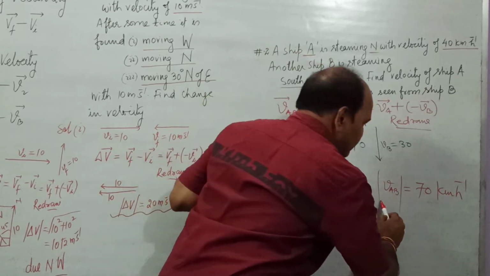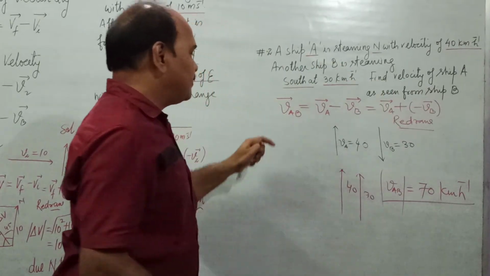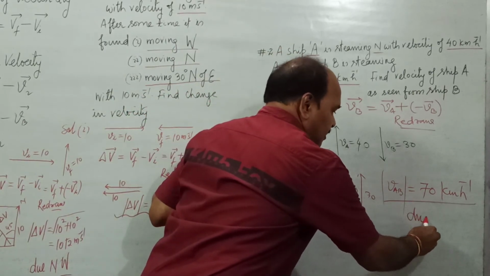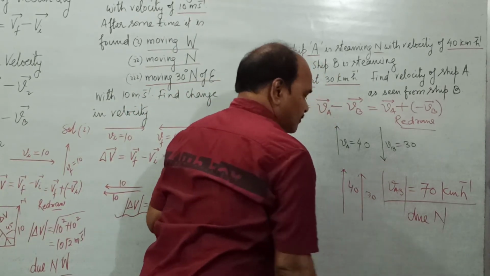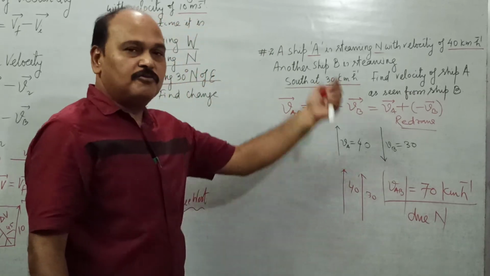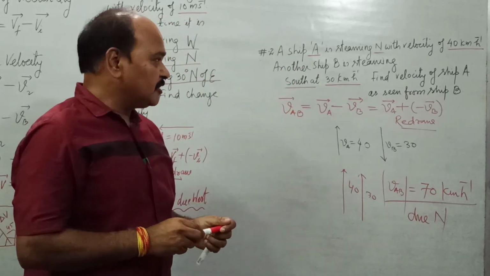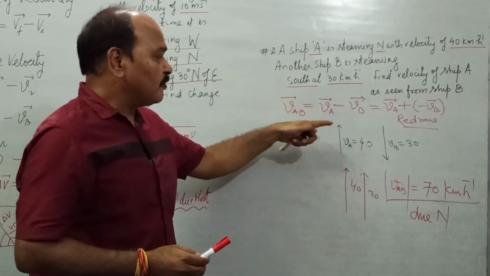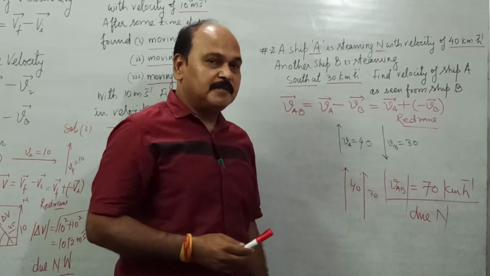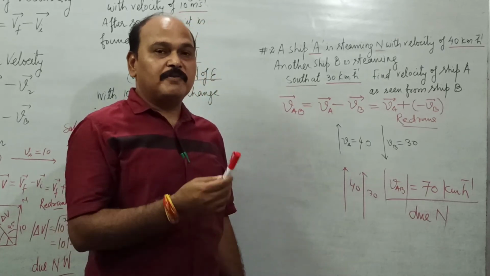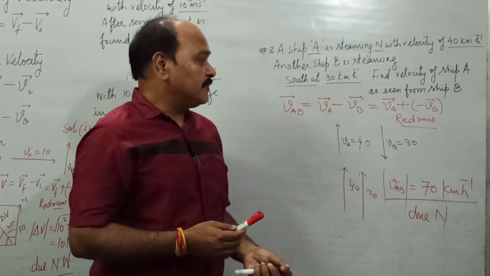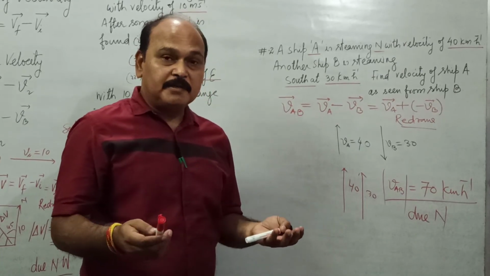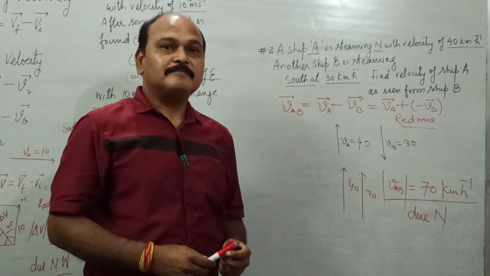So the velocity of ship A as seen from ship B is 70 km per hour, and the direction of this relative velocity is due north. The direction of the sum of these two vectors is due north only. So the velocity of ship A as seen by ship B is 70 km per hour. Ship B is observing that ship A is moving with a velocity of 70 km per hour due north, and ship B itself is at rest.